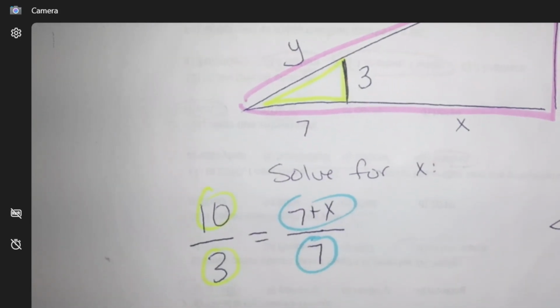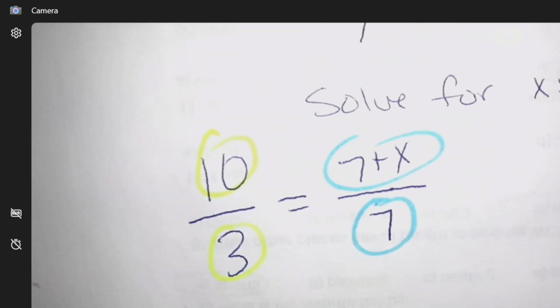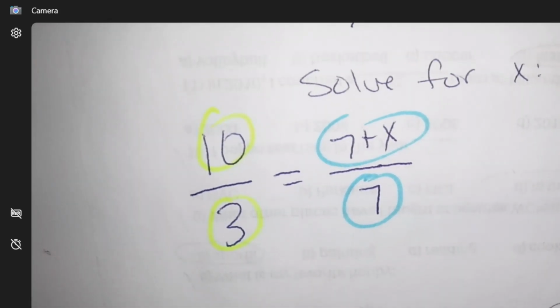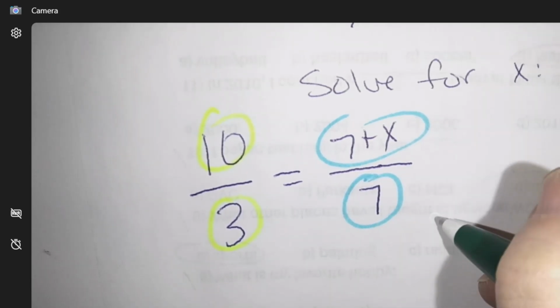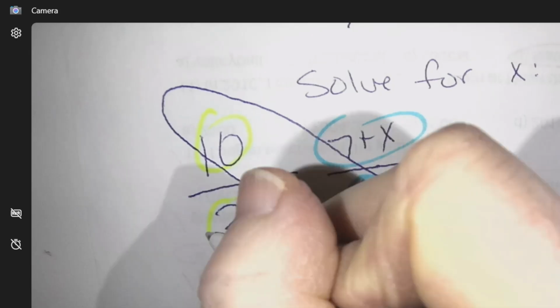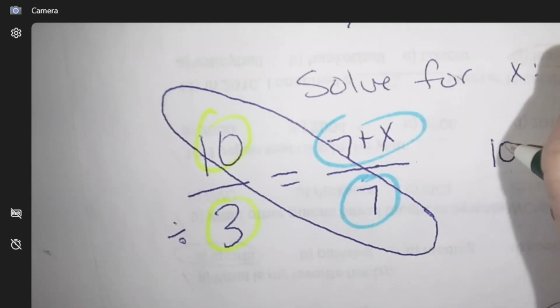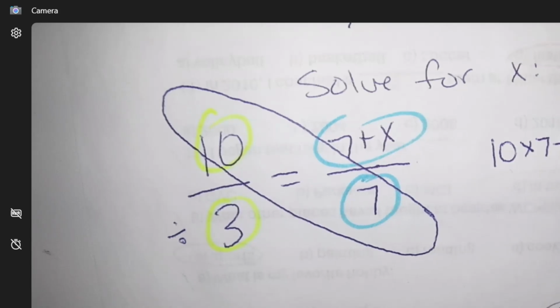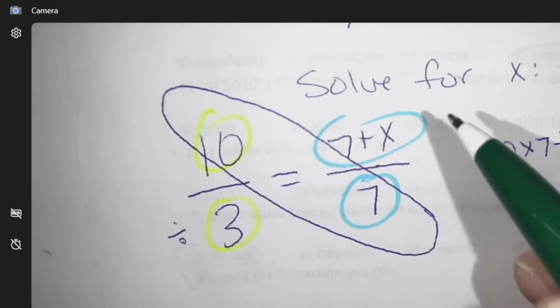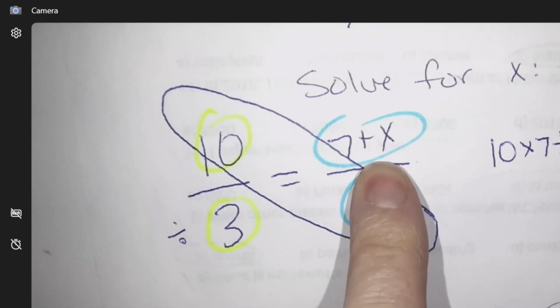Okay, now here's my proportion. So what do we always do? Something times something divided by something. So what am I going to do? Times divide. So 10 times 7 divided by 3 would normally equal this.